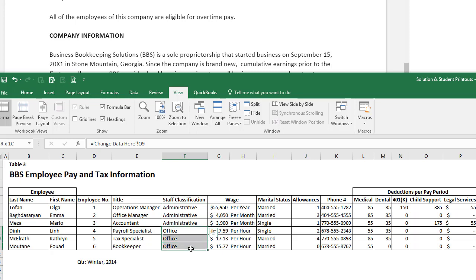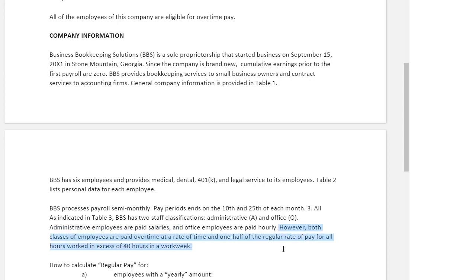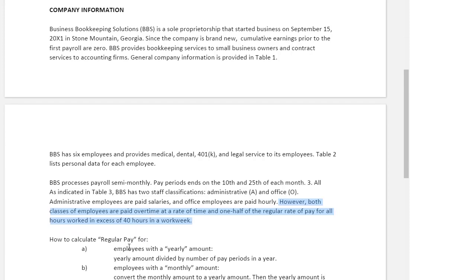And then our office workers are all hourly workers. And then it reminds you both classes of employees are paid overtime at a rate of time and a half of the regular pay for any number of hours that goes over 40 hours in a work week.